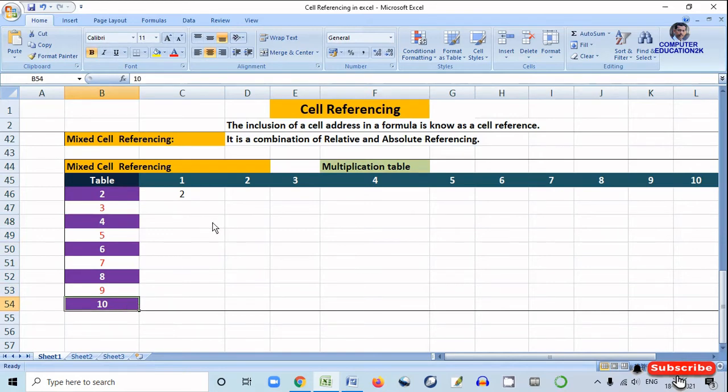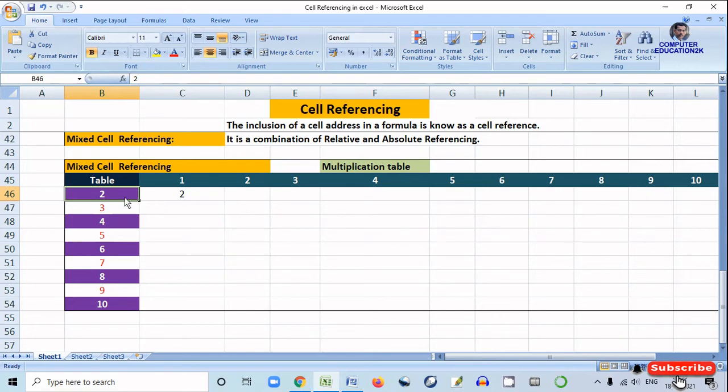You can follow one thing over here. When we find the multiplication table of 2, then this column B will remain fixed, because we have to find out the multiplication table of 2. So it will be 2 into 1, 2 into 2, 2 into 3, 2 into 4, 2 into 5, 2 into 6, 2 into 7, 2 into 8, 2 into 9.